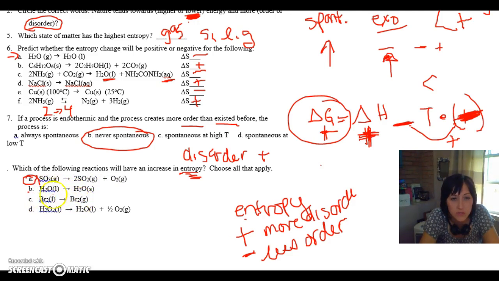C, a liquid to a gas, for sure. And then D, a liquid to gas. Yes. So I think we're good on that. Let me make sure. Yep. Good, good, good.